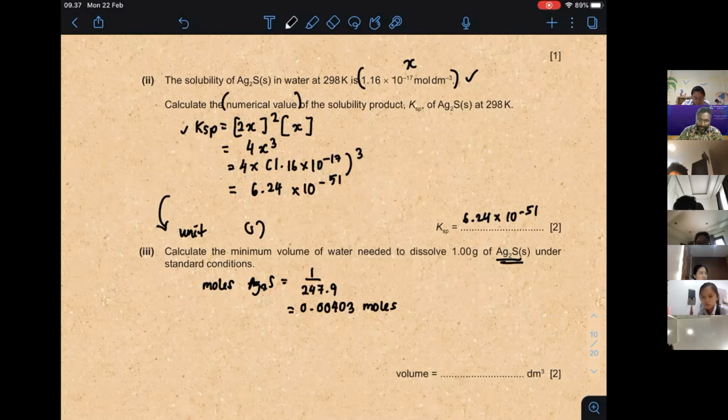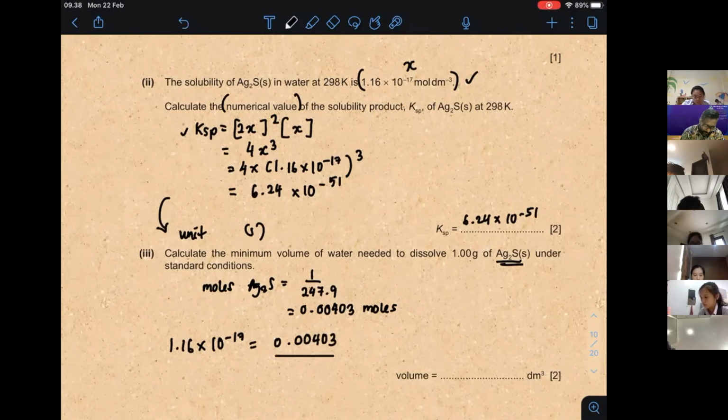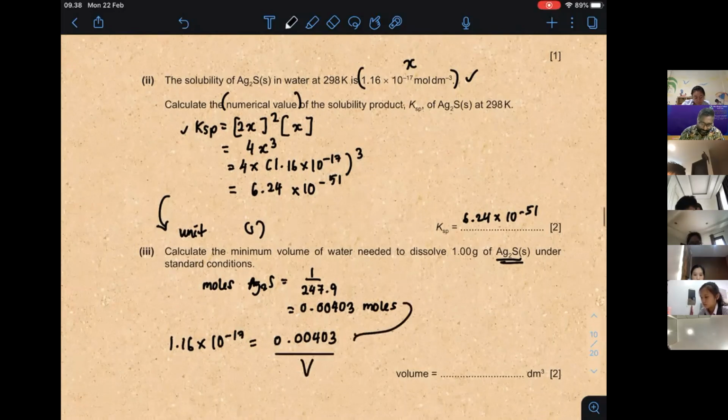So this 1.16 times 10 negative 17 equals the number of moles, which is 0.00403 divided by the volume that you need. So you just need to put it over here and then use the solubility.